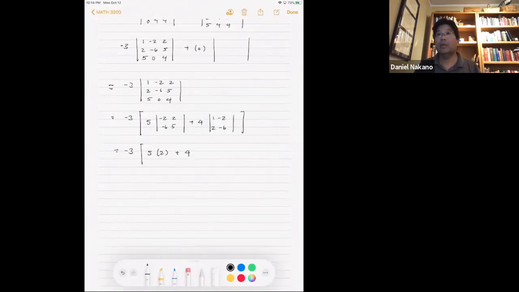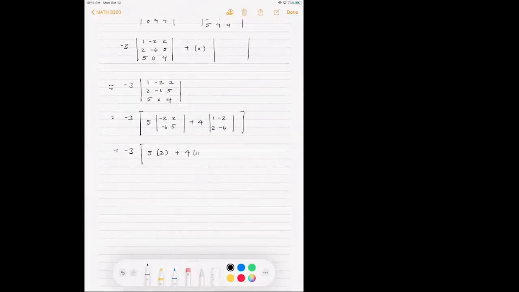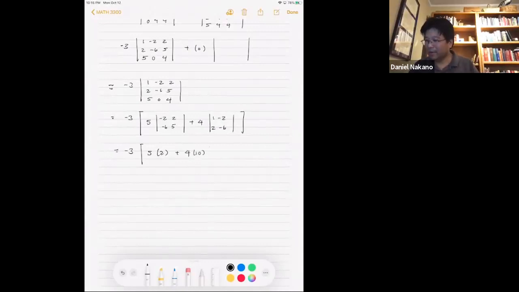And then the determinant of this is 6 minus a minus 4. So it's 6 plus 4. So that's going to be 10. -6 plus 4? Yeah. Sorry about that. I apologize. You're right. A little bit too fast. -6 plus 4 is minus 2.